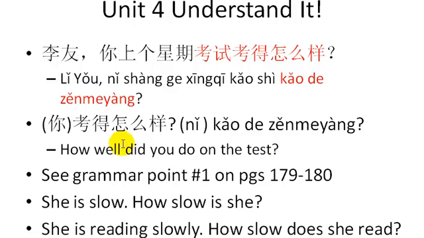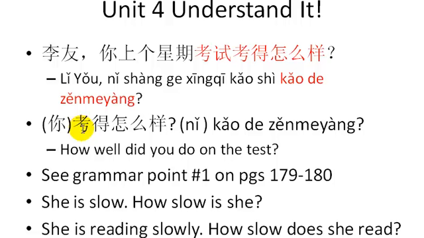Now 考 you know is test. 的 is a particle that is used in order to introduce an adverb. So you have a verb 考, then you have a de that comes after a verb. So this de tells you that what comes after it is describing the verb that comes before it.